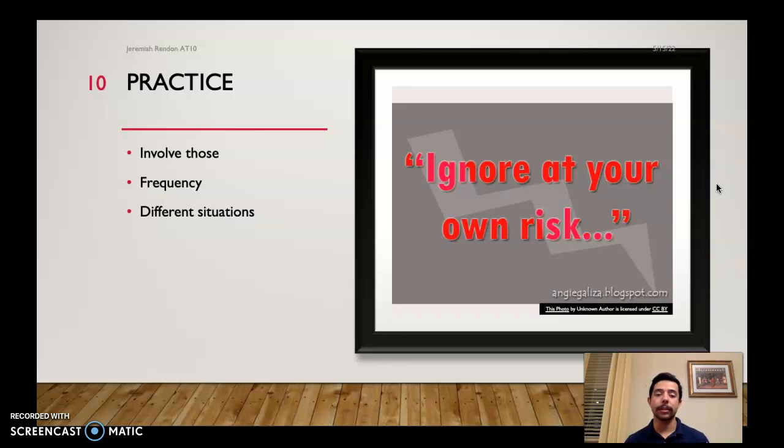And then, of course, practice for different situations. Don't just practice for one disaster. Practice in different situations. Practice starting at a school and making it home. So practice having different types of disasters. All of this is going to make the difference once the time to actually enact the plan comes around.